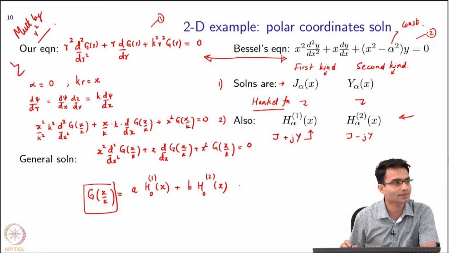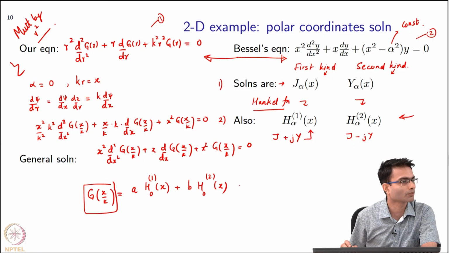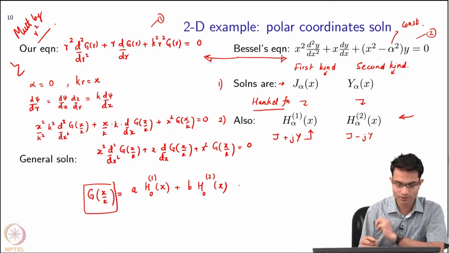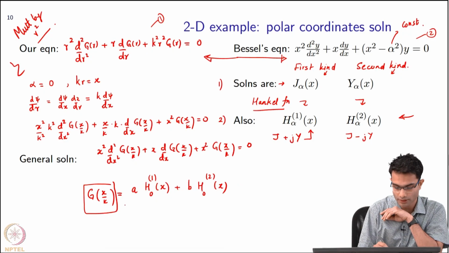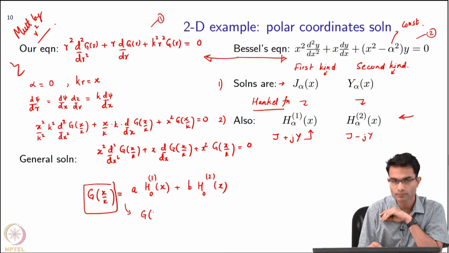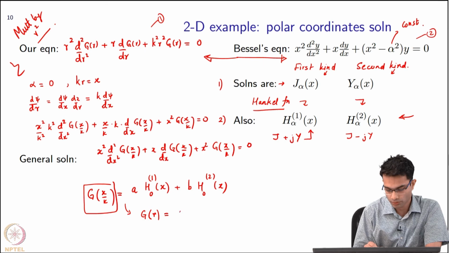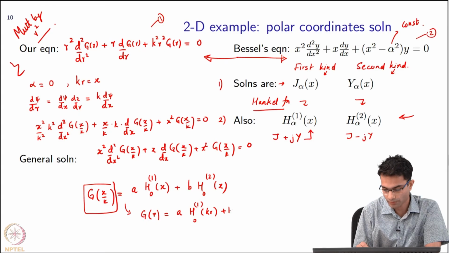But remember, x is our intermediate variable. I am not really interested in x. So, I should resubstitute and get the solution in terms of r. So, that will become, left hand side becomes g of r is equal to a times H 0 1 of kr, x becomes kr, right, and b times H 0 2 of kr.